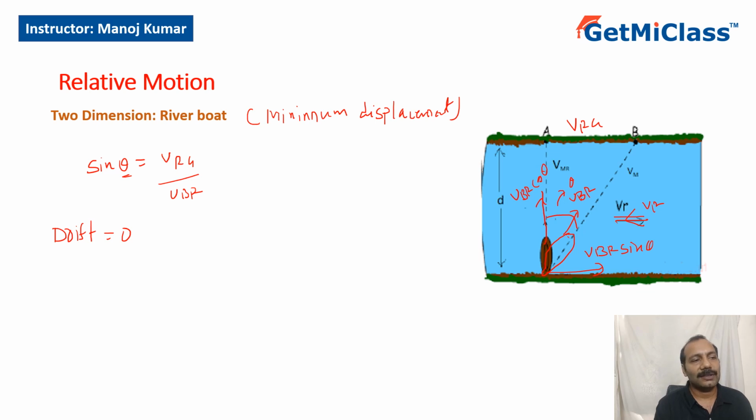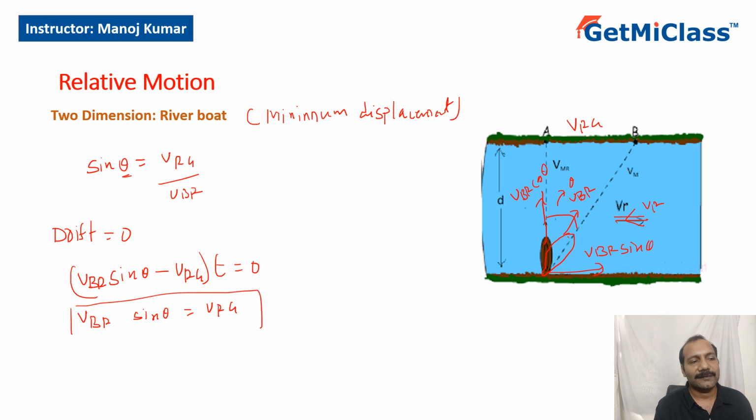So what is the net velocity of the boat parallel to the river? I can write it as VBR sine theta, which is trying to take the boat upstream, minus VRG, the velocity of the river current, which is trying to take it downstream, into time taken equal to 0. From this, VBR sine theta should be equal to VRG. In this way I can find the angle, and this is the condition that has to be satisfied so that the drift is 0.